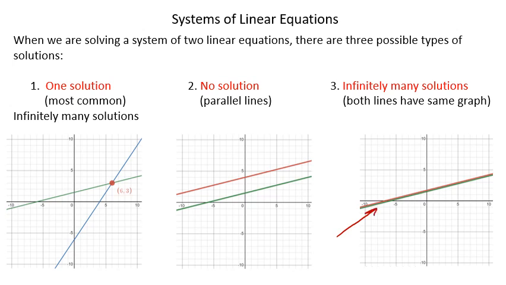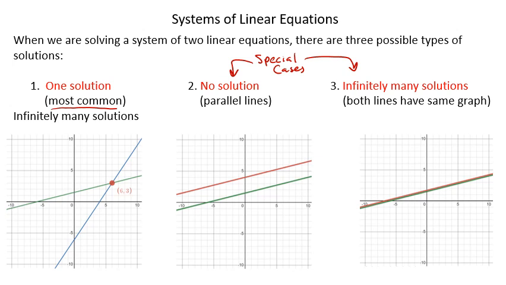There's two lines there, one red and one green. We could think about these as special cases. Once in a while you'll get a system with no solution, once in a while a system with infinitely many solutions, but the most common is that the lines are going to intersect at one point.